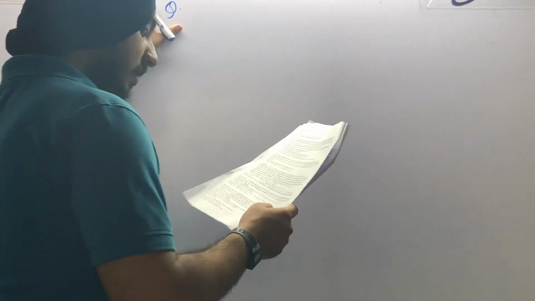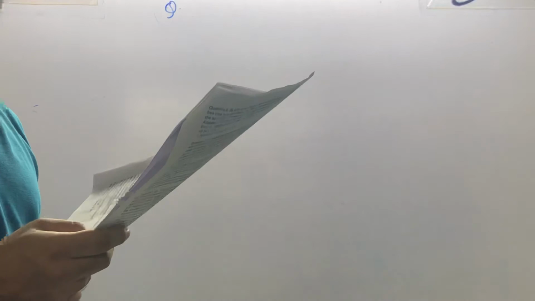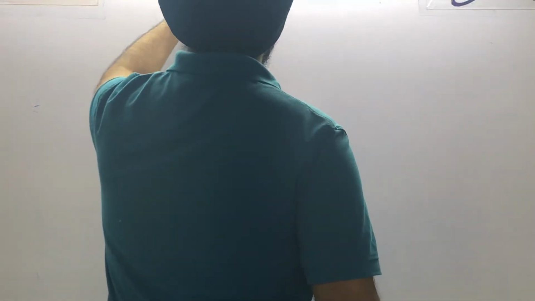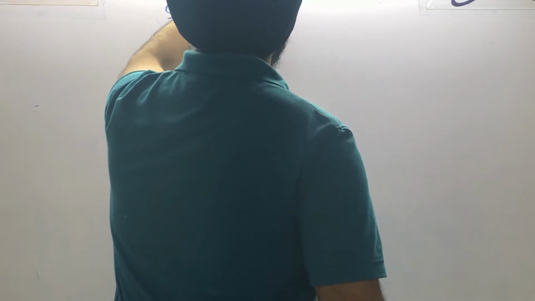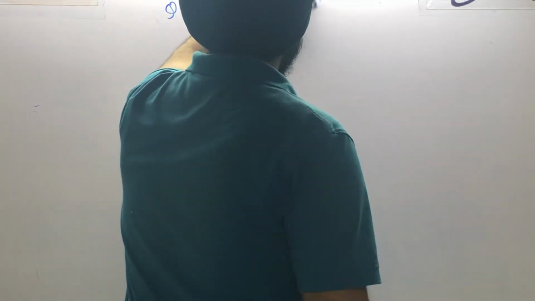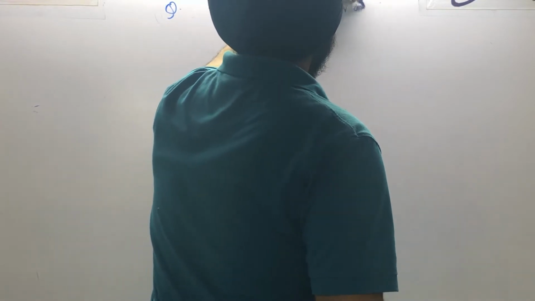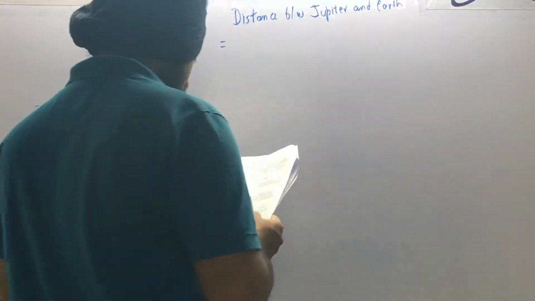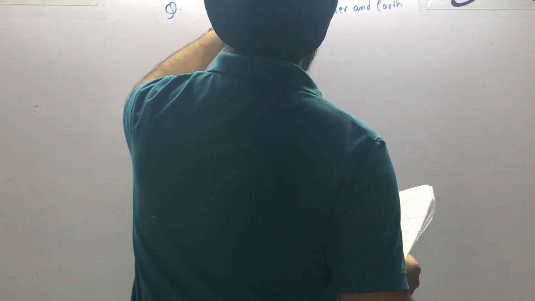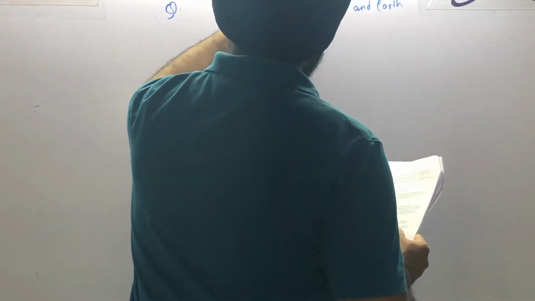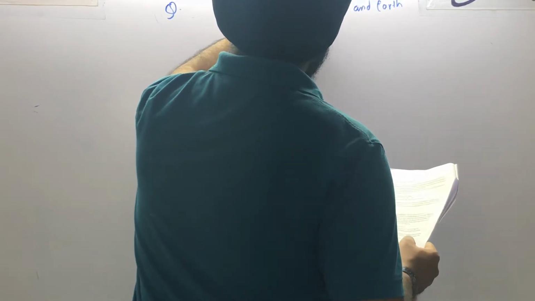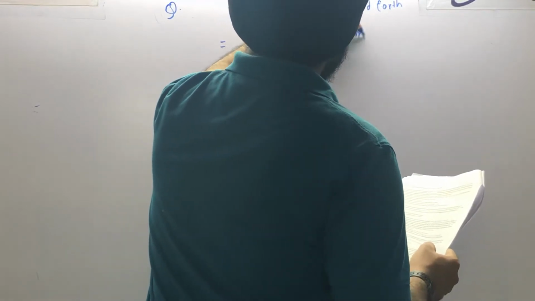The planet Jupiter is at a distance of 824.7 million kilometers from Earth. I will write here: distance is equal to how much? 824.7 million kilometers.